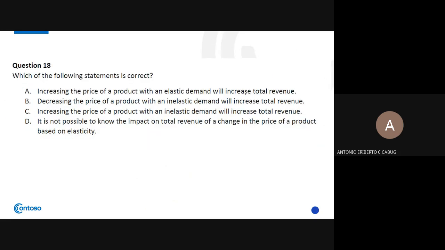Next, which of the following statements is correct? Again, go.